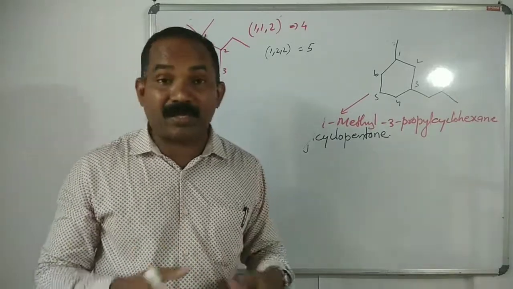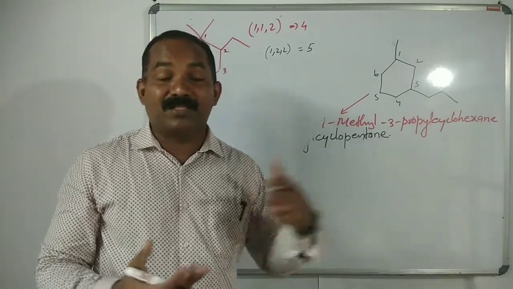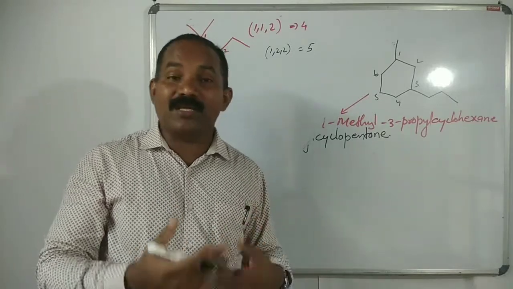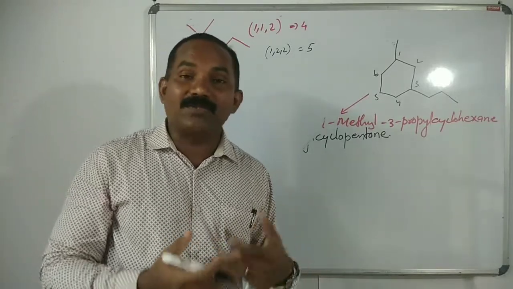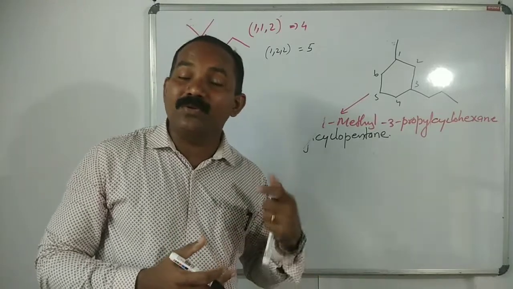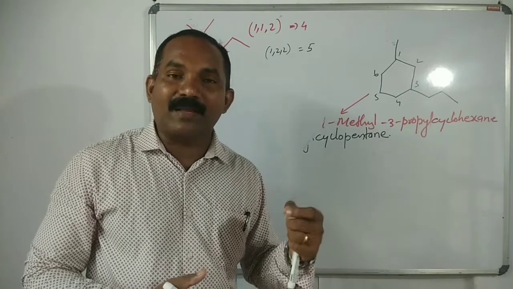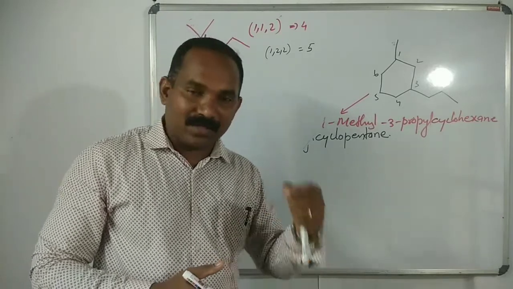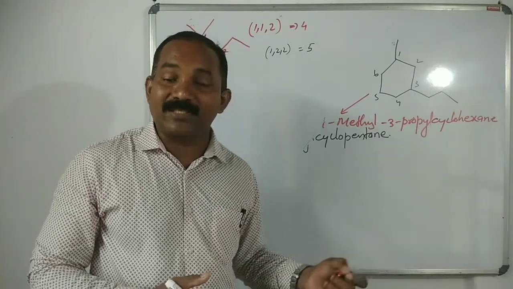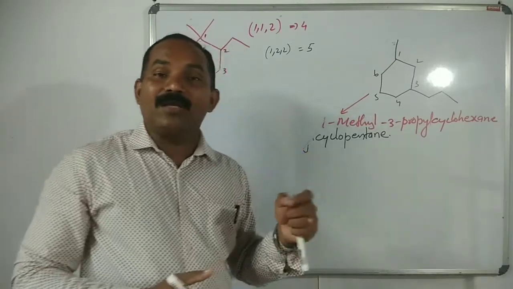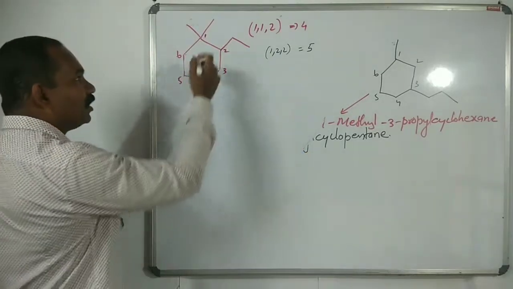After practicing, you can easily understand that this numbering is correct and that is wrong. When you initially study numbering, use a pencil, and after finding the substituent positions, retain the correct numbering and remove the wrong one.